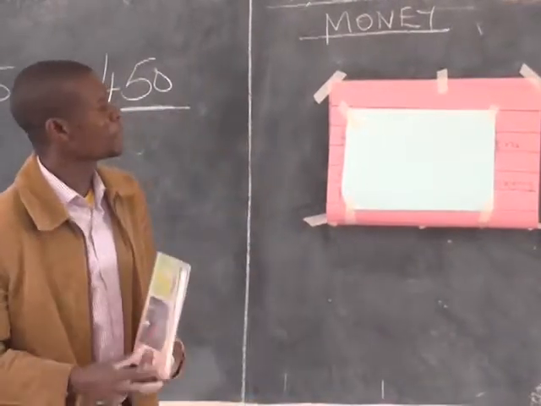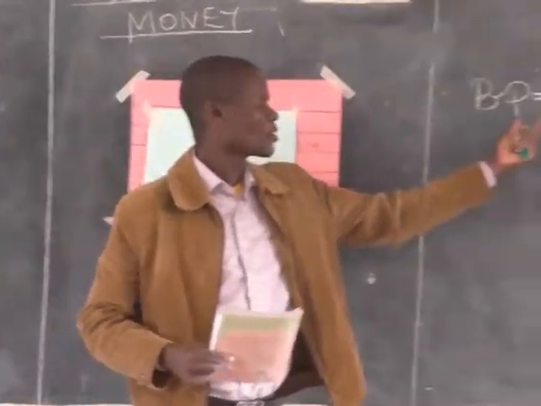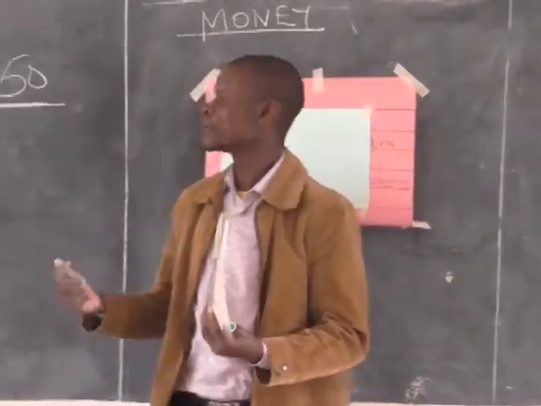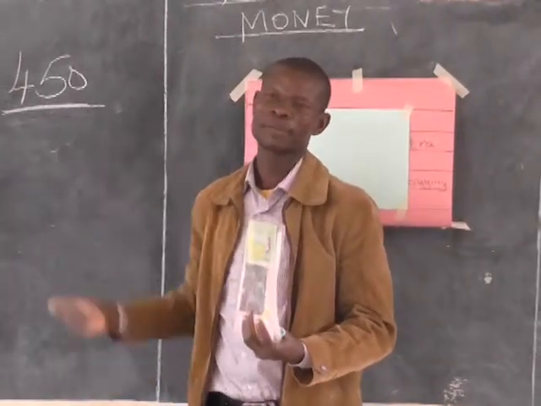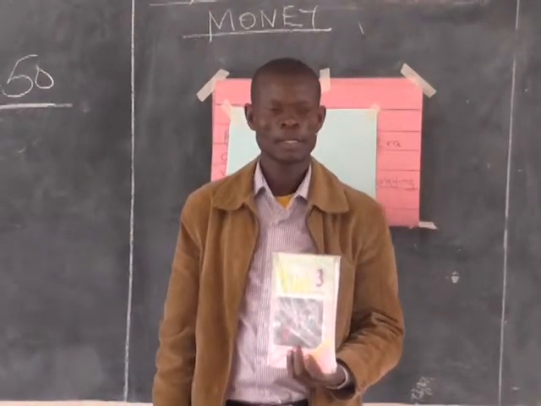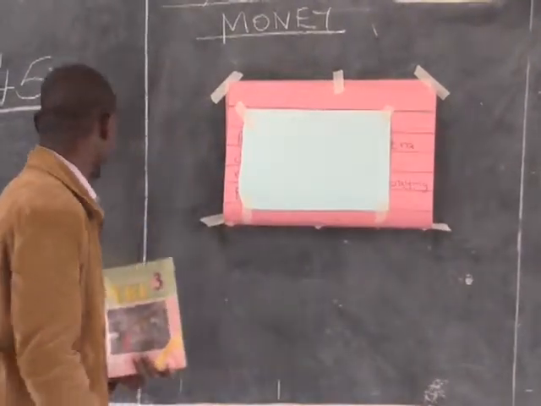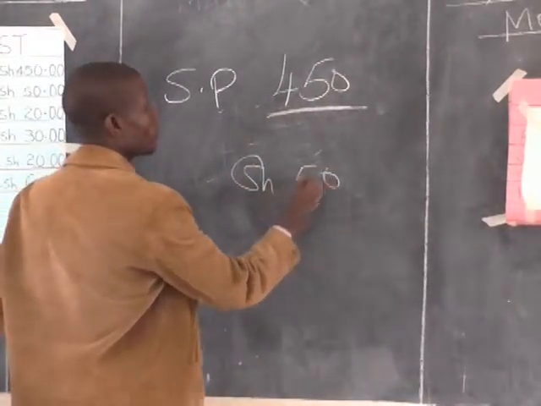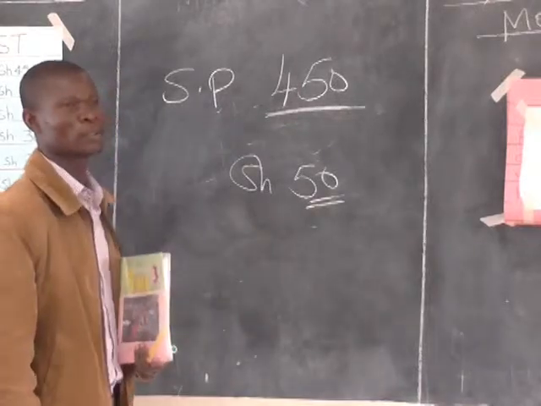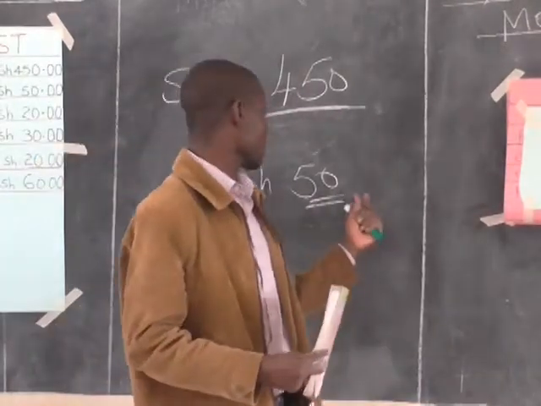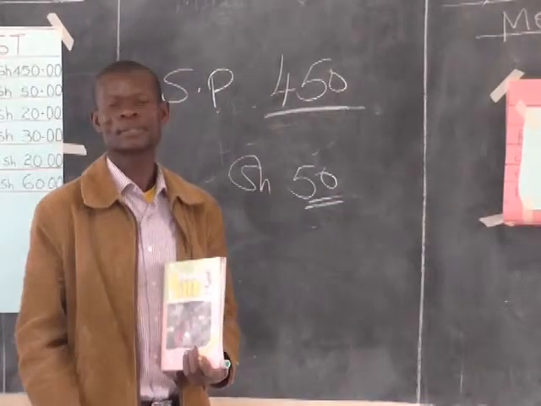Now, can you tell me the difference between the amount of money that was paid when he was buying and the amount of money that I gave him when he was selling the book to me? Good. The difference is 50 shillings. Now, how do you get that 50 shillings that we just said is the difference?